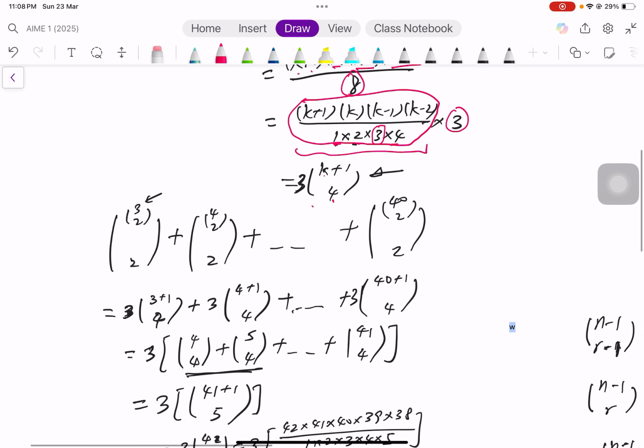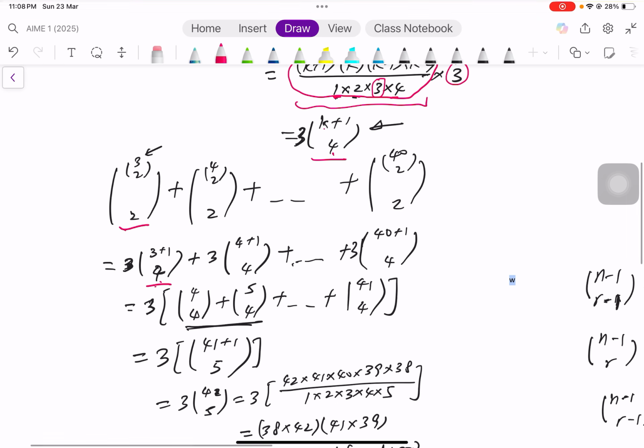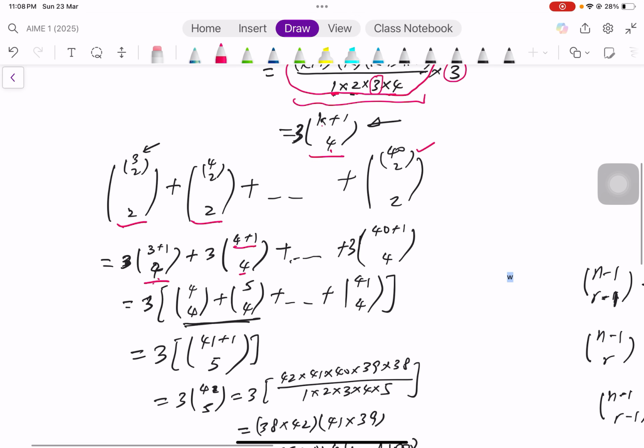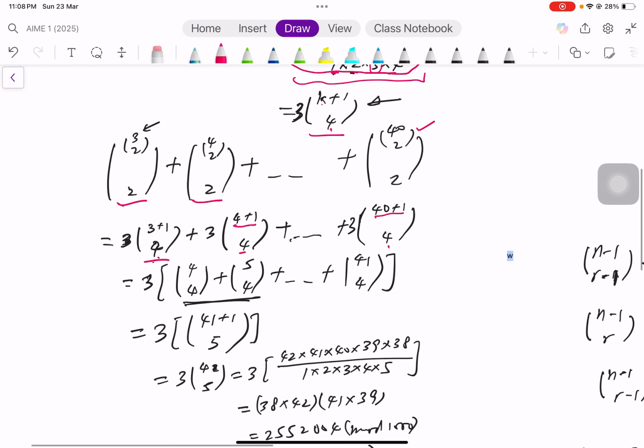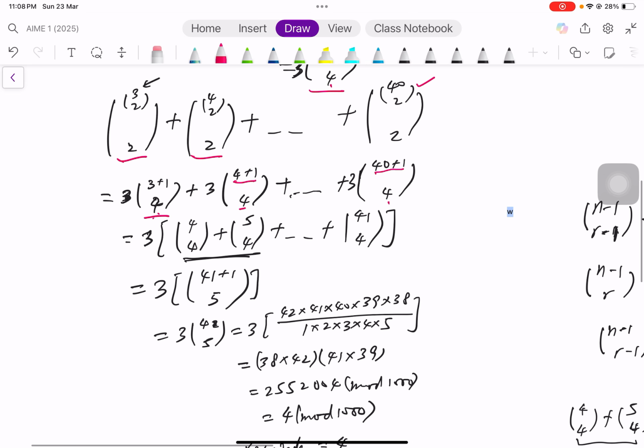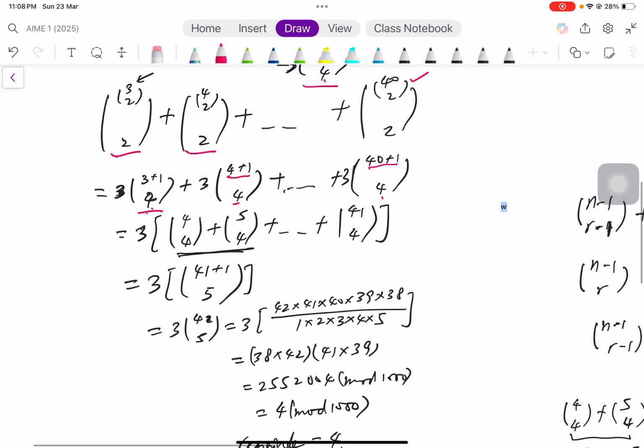With this understanding, this expression will become (3 plus 1)C4, then this one will become (4 plus 1)C4, and this one will become (41 plus 1)C4. Now we get 4C4 plus 5C4 all the way to 41C4, and the answer is actually (41 plus 1)C5.